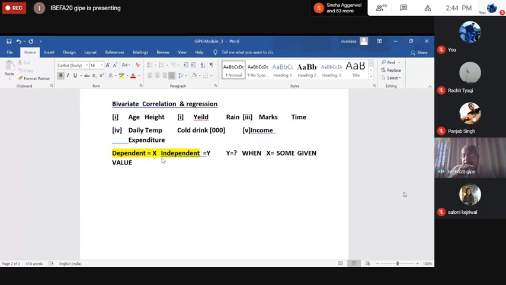And to answer this value of Y, you have to know the topic correlation regression.